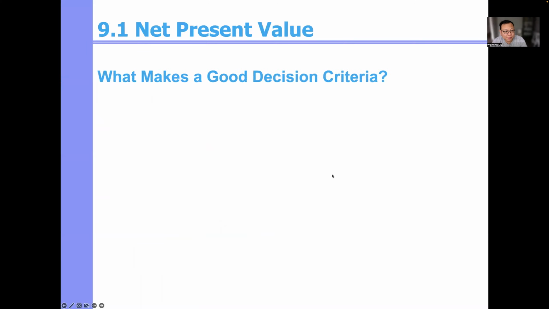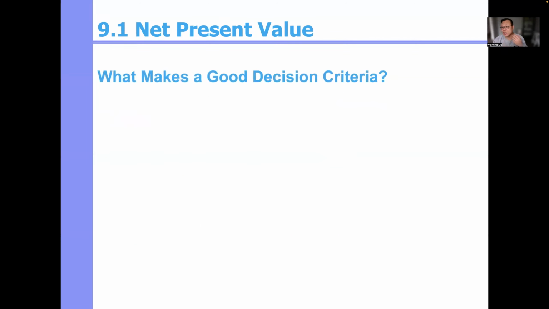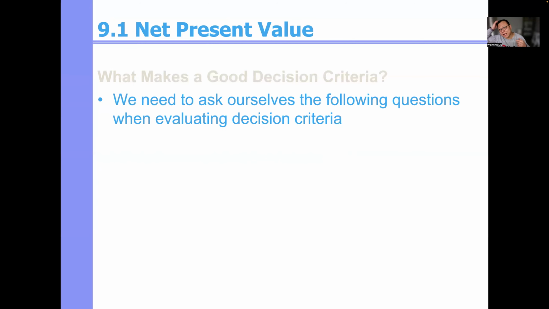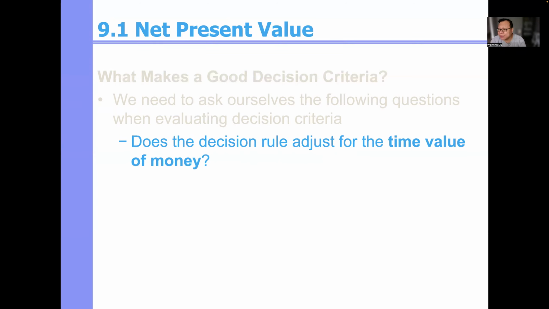Net present value, okay. So when we are making investment decisions, we also need to rely on a decision criteria. So what would be a good decision criteria? When we are considering investment decisions, we are considering what is my initial investment. What do the future cash flows look like? Do you consider the time value of money?